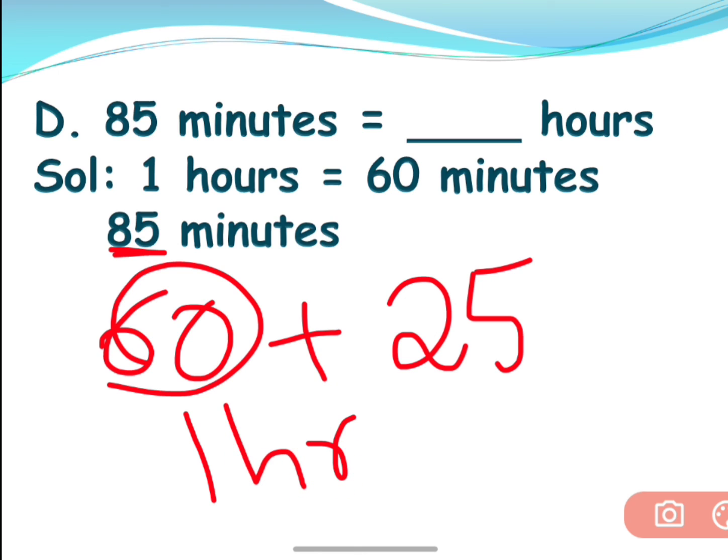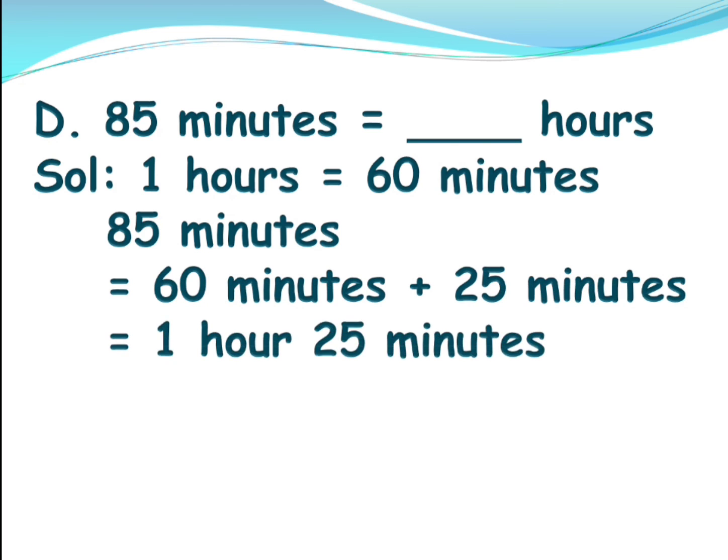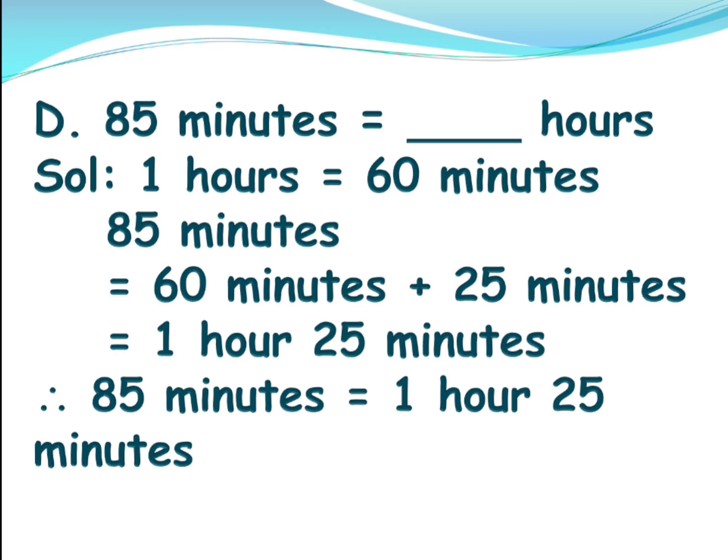And this 25 minutes you can't convert into 1 hour, because we need 60 minutes to convert into 1 hour, but here you have only 25 minutes. So you will directly write 25 minutes. 1 hour 25 minutes. So 60 minutes will be converted as 1 hour, and 25 minutes you will write as it is. Okay, so in this way you need to convert minutes to hours and hours to minutes.